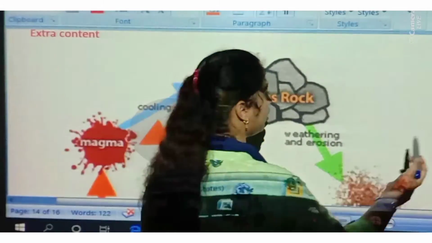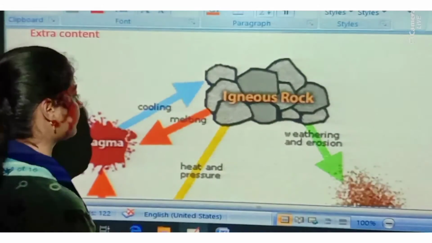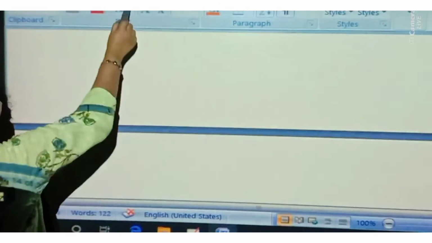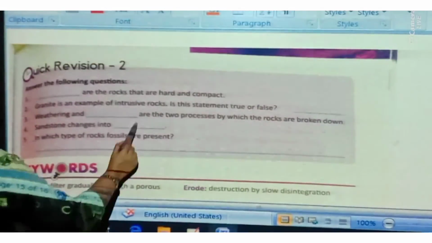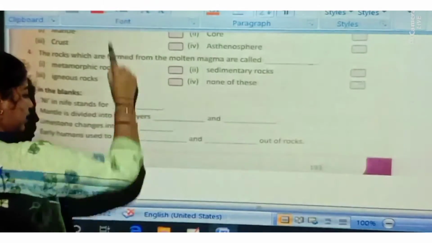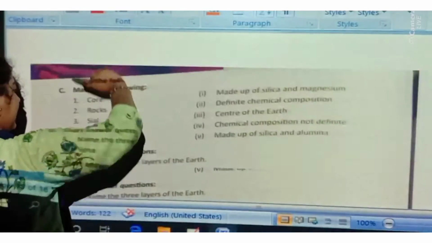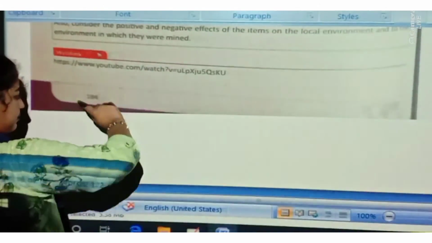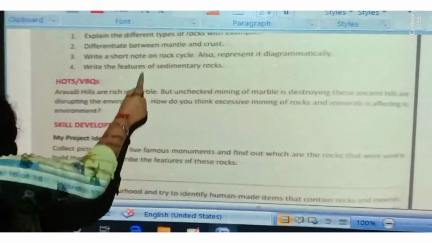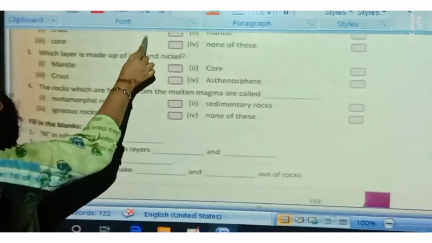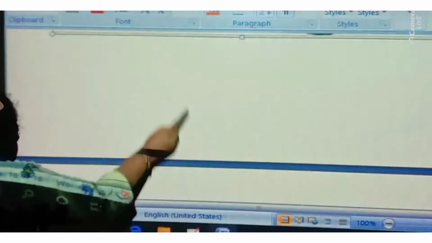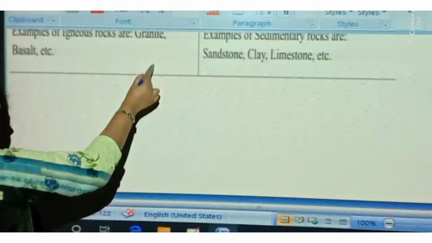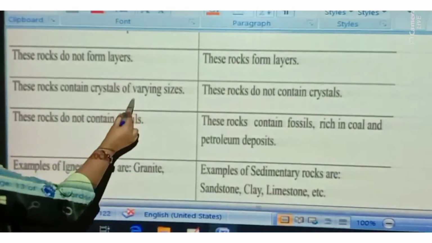Now if we go through some distinguishing parts about igneous rocks and sedimentary rocks, what will we find? I think you have an idea what the rock cycle basically is.